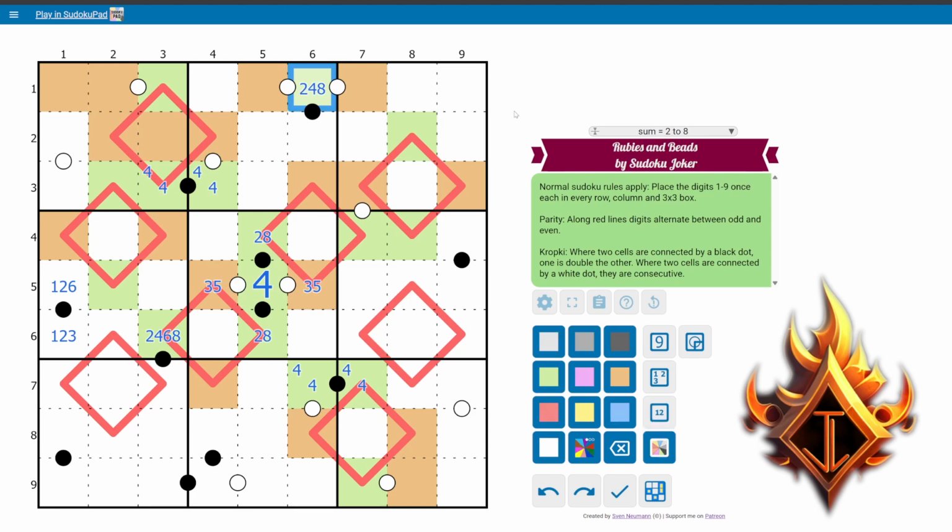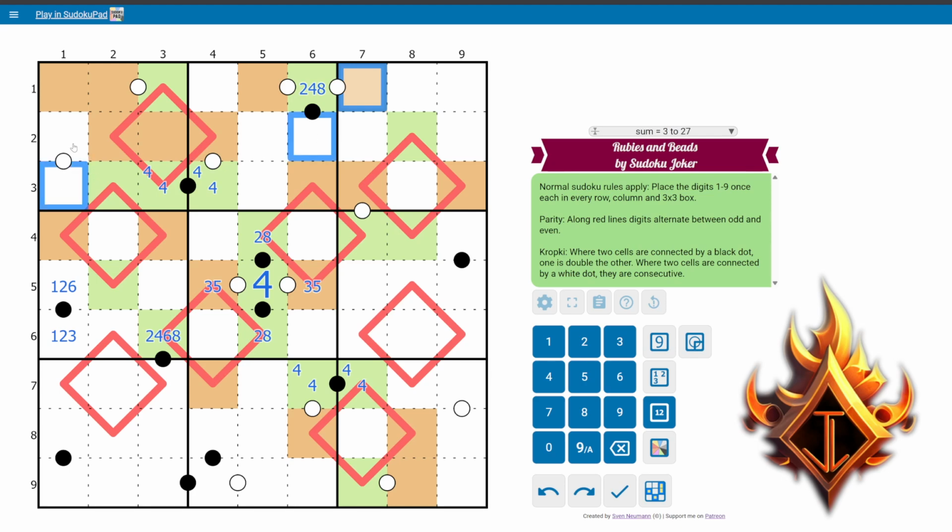So we do get 2, 4, or 8. If it's 4, we have a 3. But that could still be 1. If it was 1, though, 1 would go there. Okay. That would be 2. 1 would be over here. 1 would be down there.